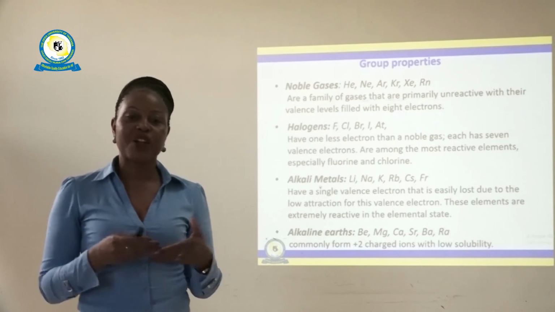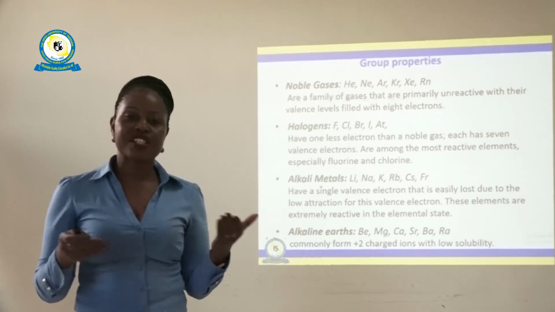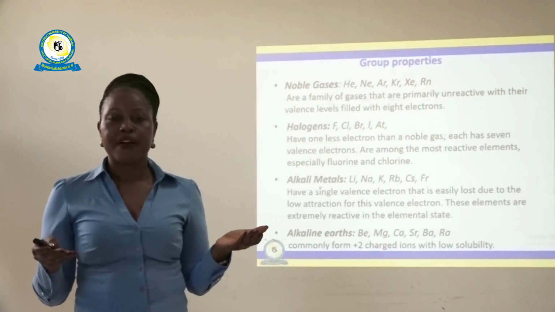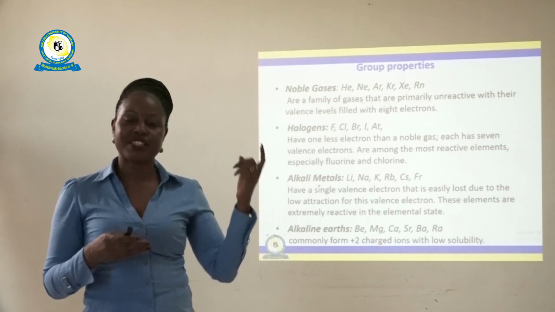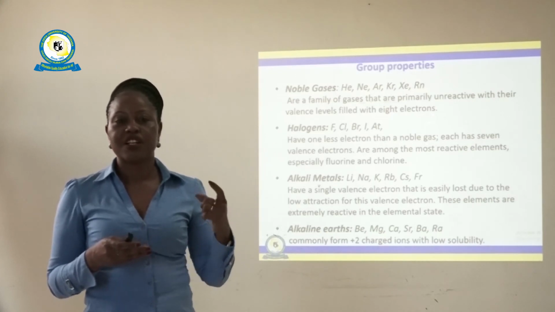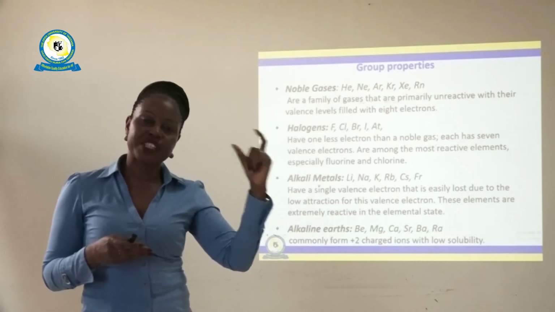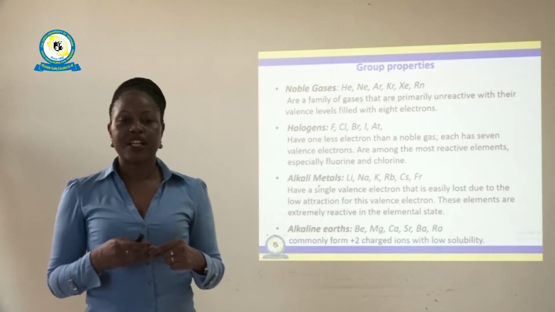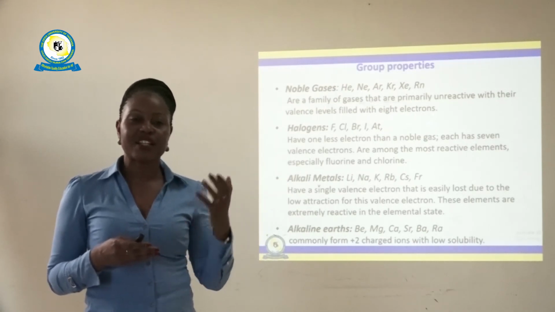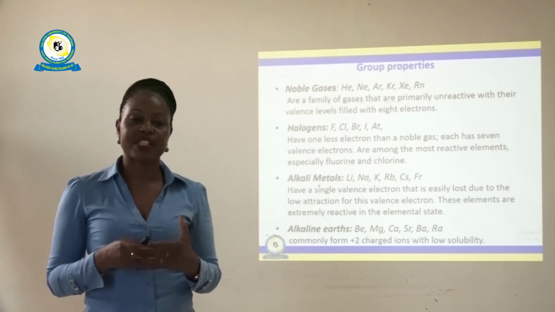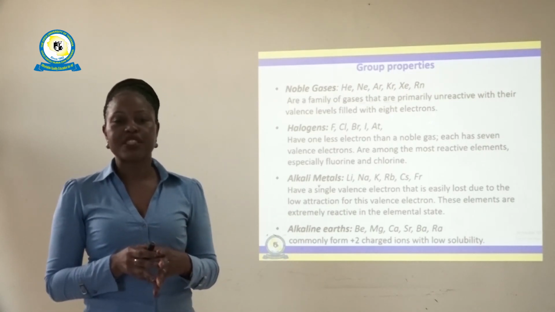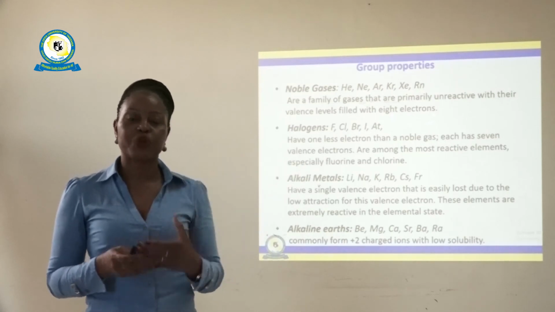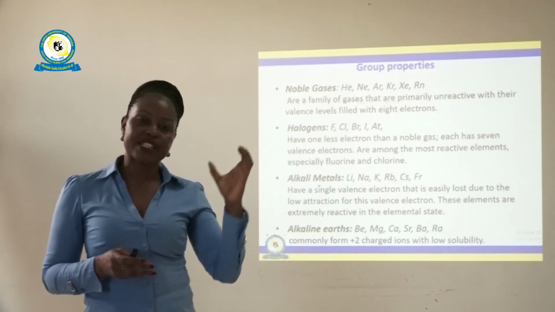Another example is the halogens. They have 7 electrons in their valence shells. It's just 1 electron short from achieving the octet shell, and so they gain 1 electron to achieve the octet shell. So these are among the most reactive elements, especially fluorine and chlorine, because of that nature.